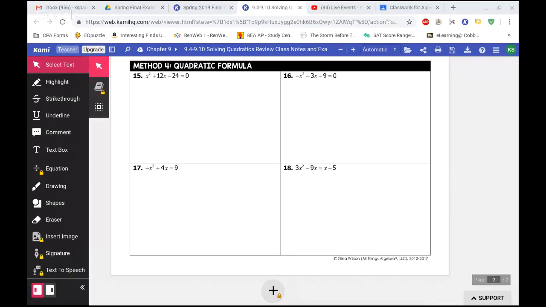I was going to do number 16, 17, and 18 on yesterday's worksheet from class, and then start on the exam review unless you have another question specifically.